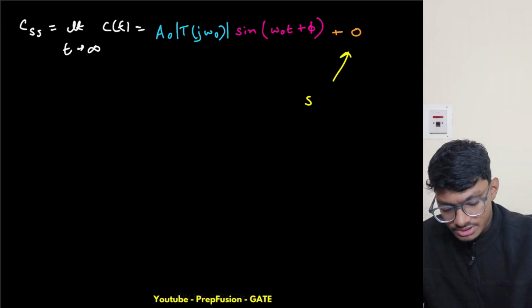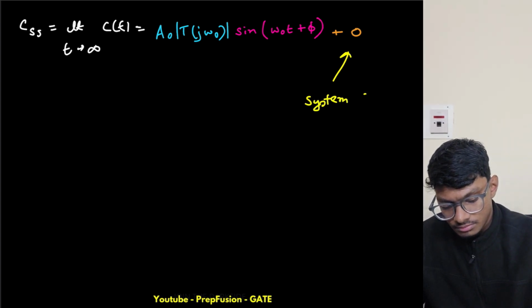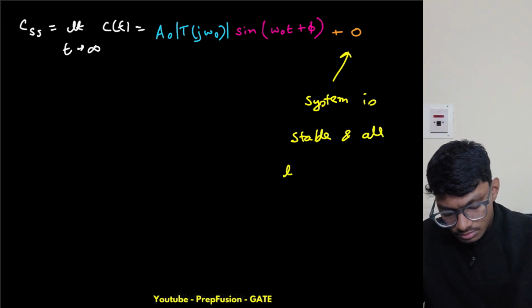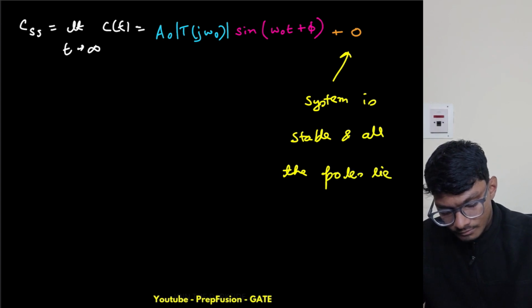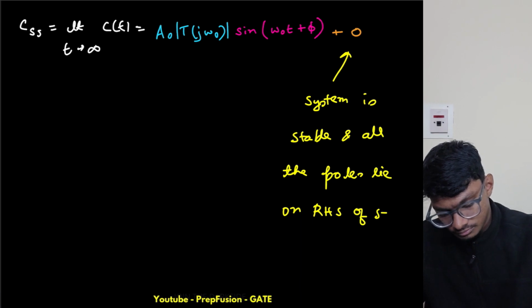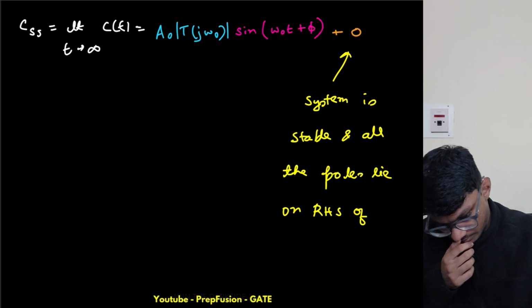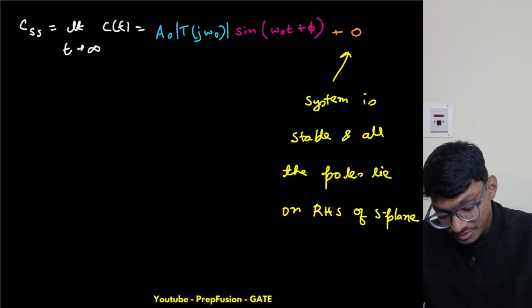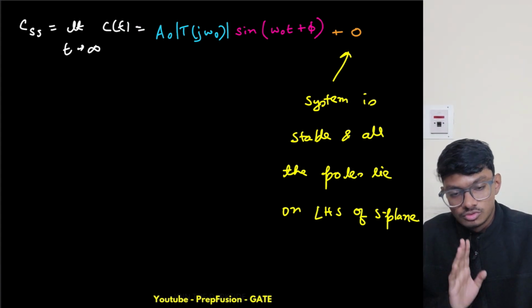Obviously I assume the system is stable and all the poles lie on the left hand side of the s-plane. That's why this goes to 0 as t tends to infinity.